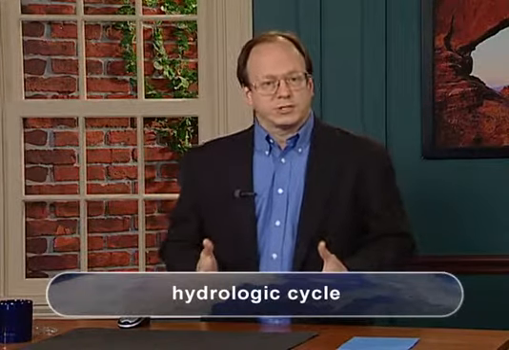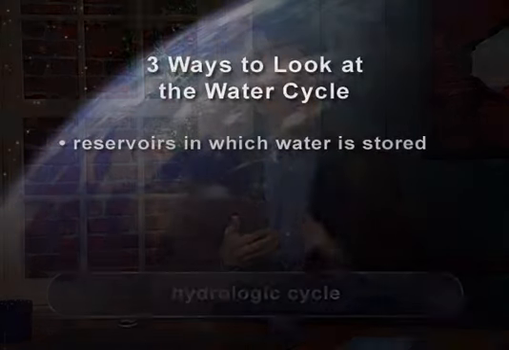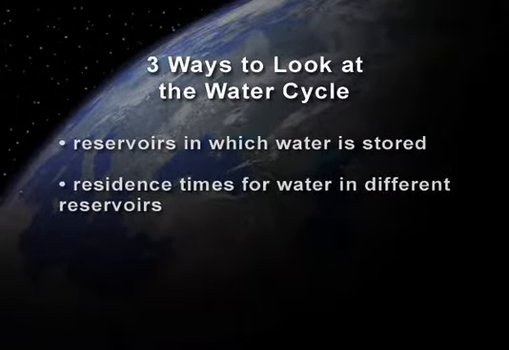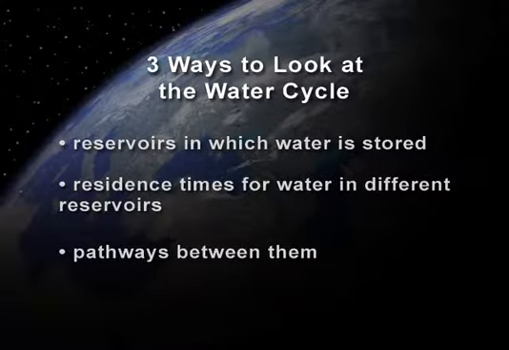Now, there are three ways to look at the water cycle, also known as the hydrologic cycle. These are the reservoirs in which water is stored, the residence times for water in the different reservoirs, and the pathways between them. When I say reservoirs, I'm not talking about human reservoirs.